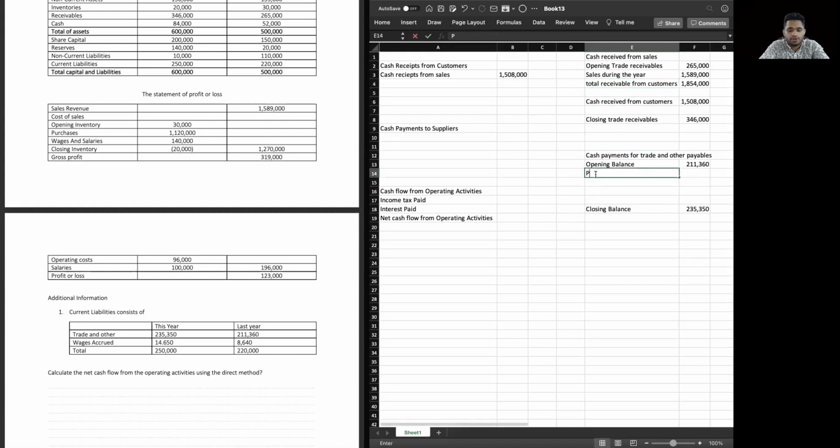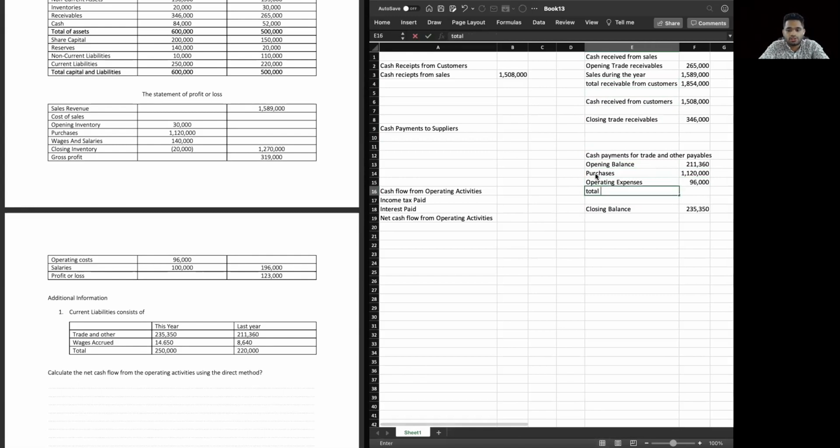Now your purchases for the year is 1,120,000, and your operating expenses is going to be 96,000.